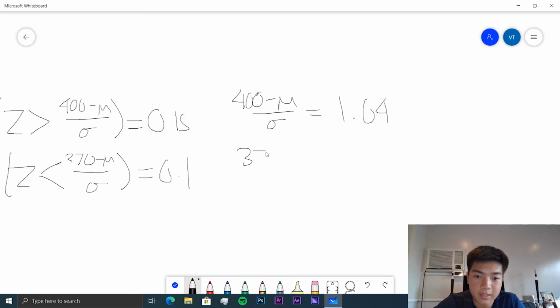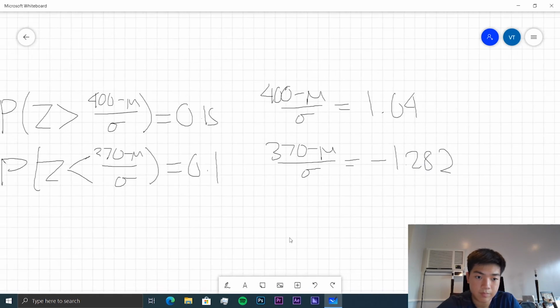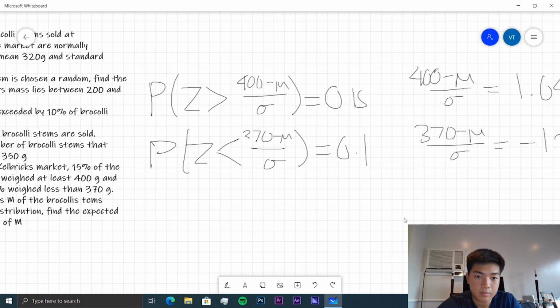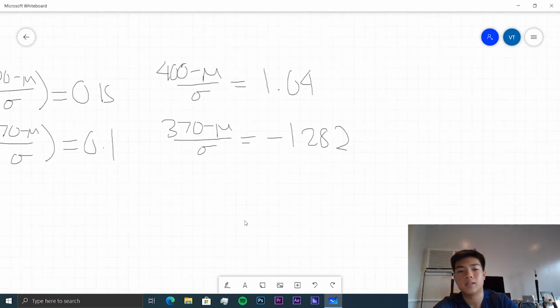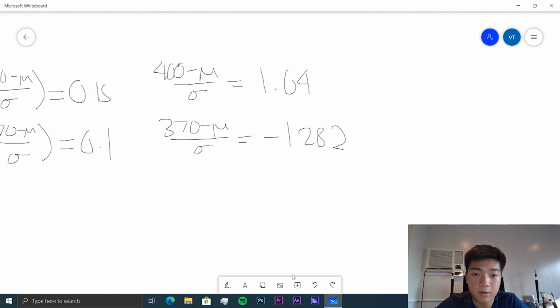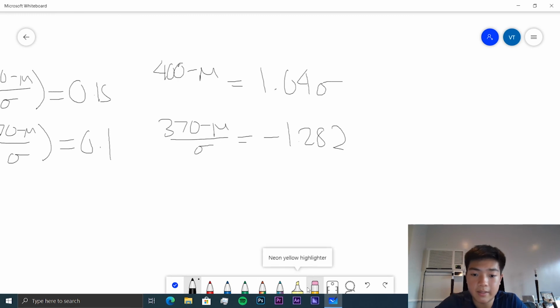And then 370 minus mu over sigma is equal to around negative 1.282. So we have 400 minus mu is equal to 1.04 times the standard deviation, and 370 minus mu is equal to negative 1.282 times the standard deviation.